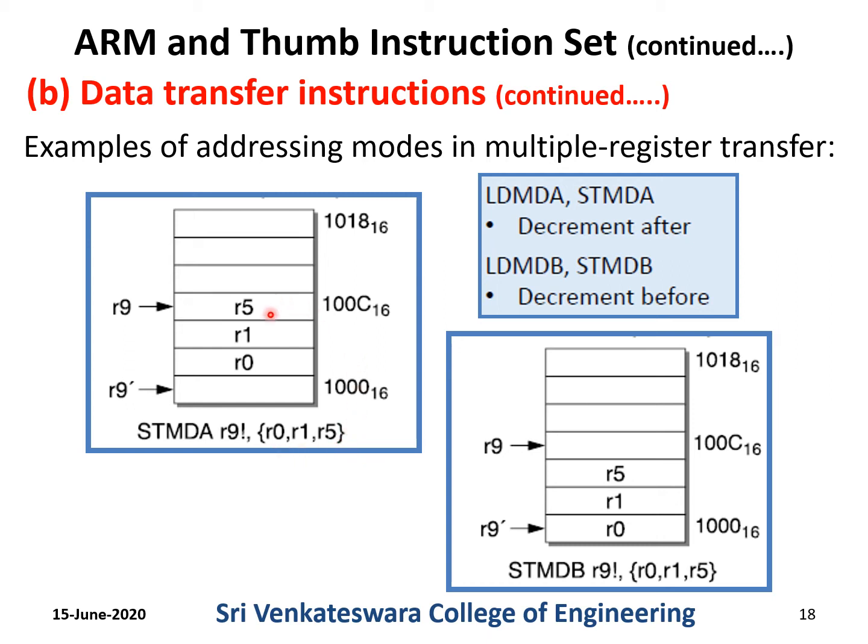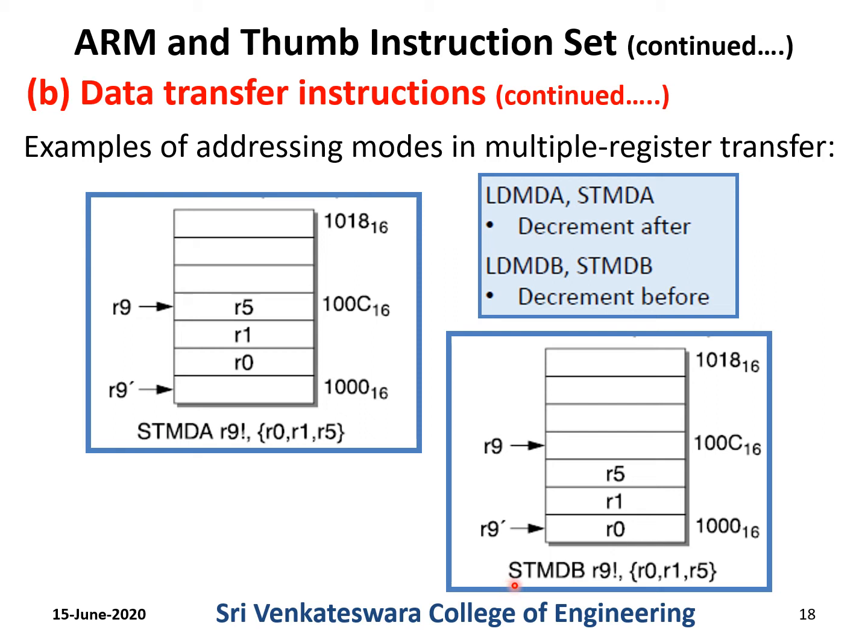R5 is first stored, then the register content R9 is decremented and R1 is stored. Again R9 is decremented by 4 and R0 is stored. So this is how store multiple registers decrement after works.